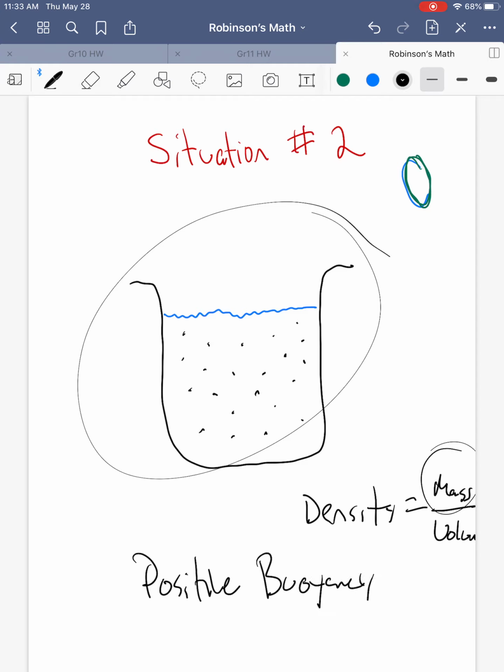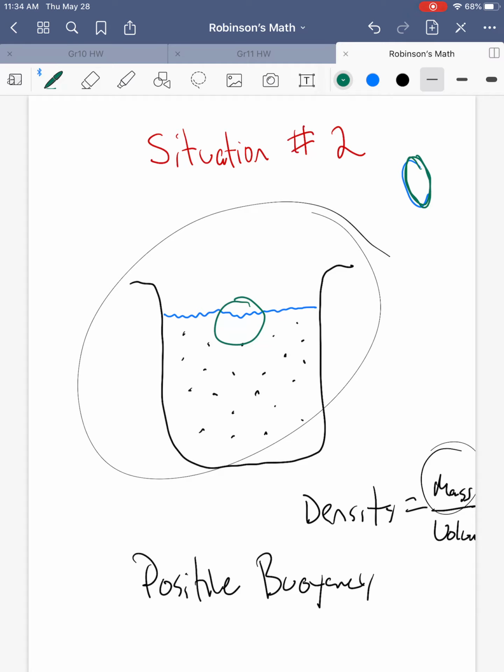positive buoyancy. If I were to drop that same egg into this fluid, the egg would actually float up on the surface of the fluid. And the reason is because I added the salt into the water, the density of the fluid became denser than the density of the egg.